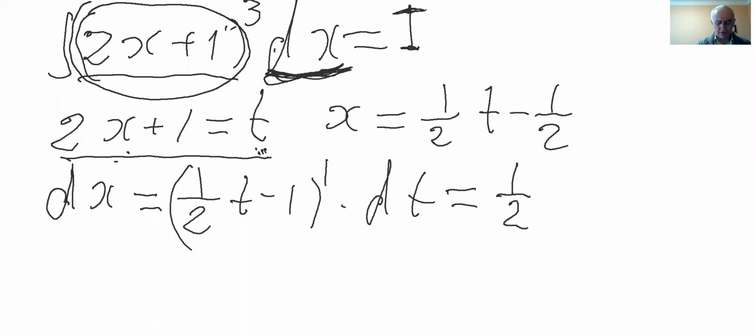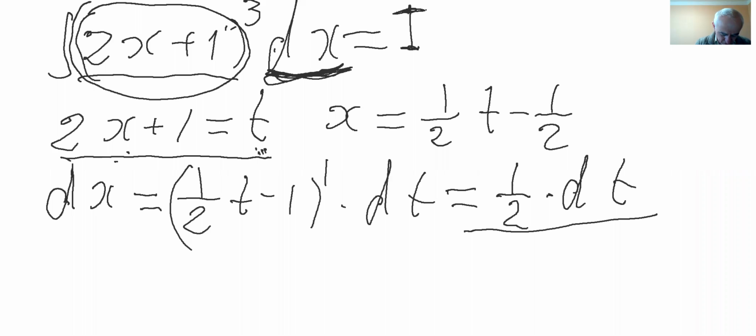And here we have 1 over 2 times t, and the derivative of this function is 1 over 2, multiplied by dt. So now I know definitely that in the original integral, 2x plus 1 I will replace by t, and dx I will replace with this expression.